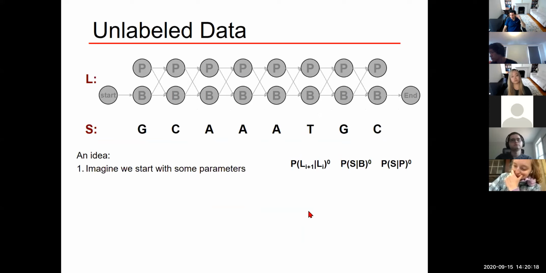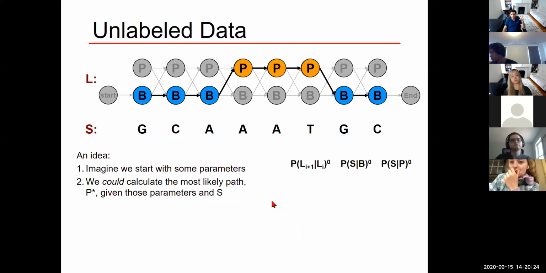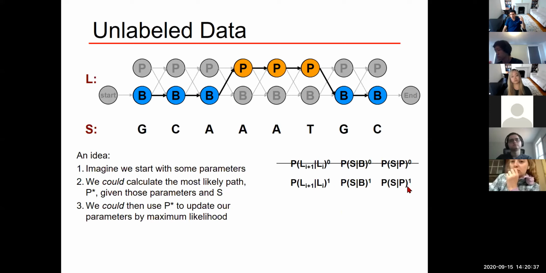Well, one way to do it is to imagine that we start with some parameters. If I start with some random parameters, I can go ahead and calculate the most likely path given those parameters. And then, once I've calculated the path, I could re-estimate my parameters from the path.